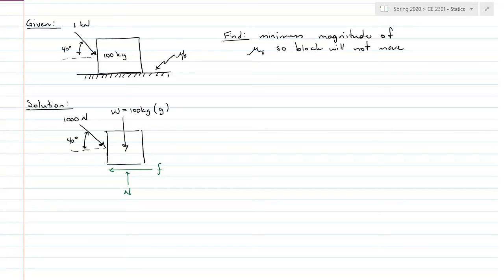All right. Summing forces in the y direction. I have the weight, 100 kilograms times gravity, acting down. I have the vertical component of the force, 1,000 newtons, and it's the vertical component, so that'd be sine of 40 degrees, plus my normal force.